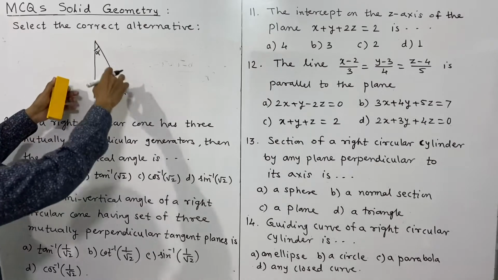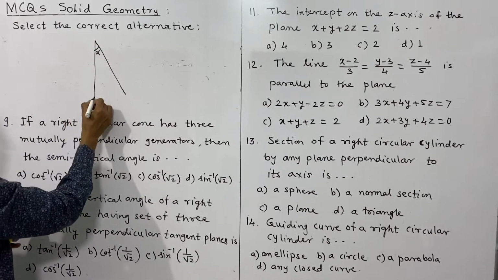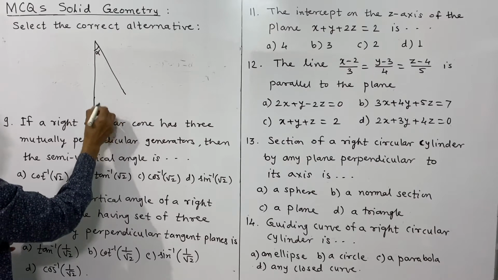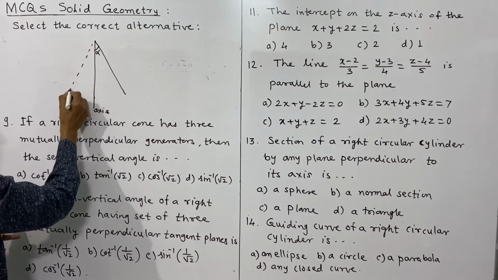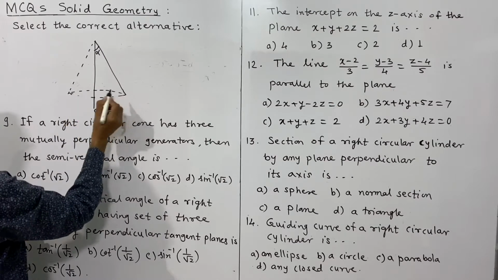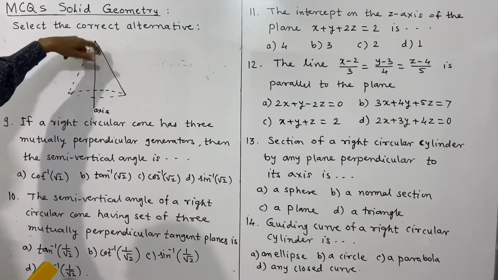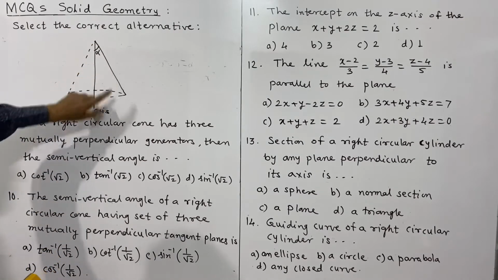And if this line is rotated about this fixed line which is axis, then we will get a cone like this, and this cone is known as right circular cone. This line is rotated, and therefore this line is known as generator.